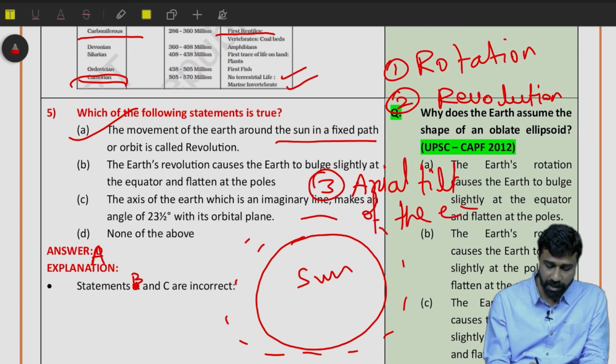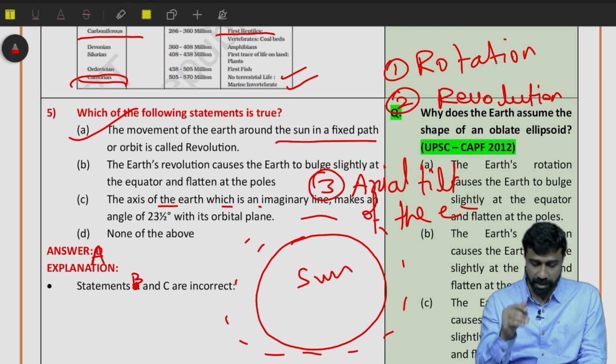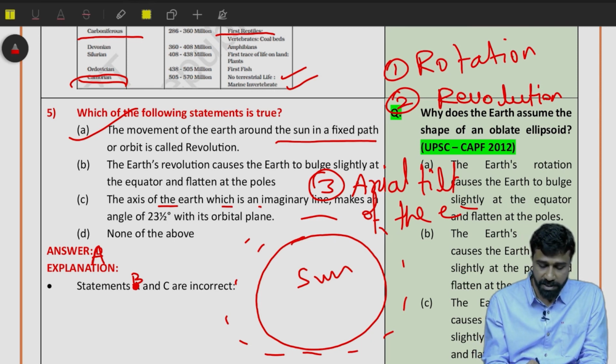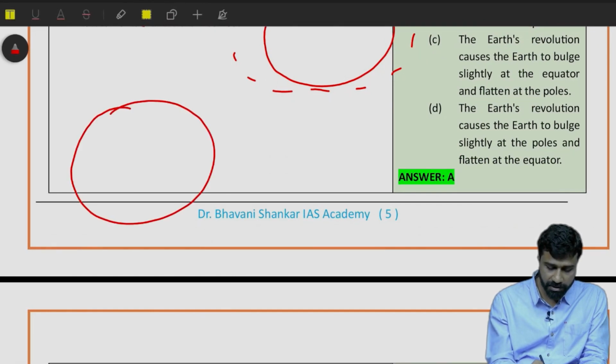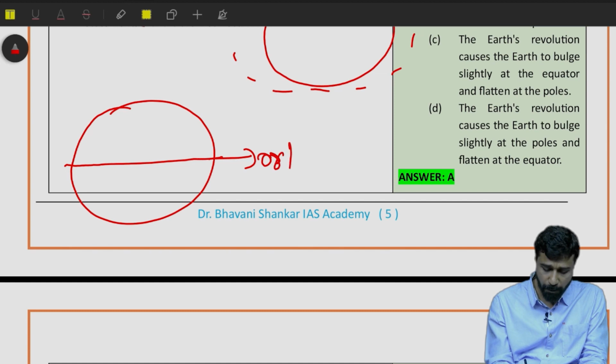Here the axis of the earth, which is an imaginary line, makes an angle of 66.5 degrees with its orbital plane. This is the orbital plane of the earth. What will happen?